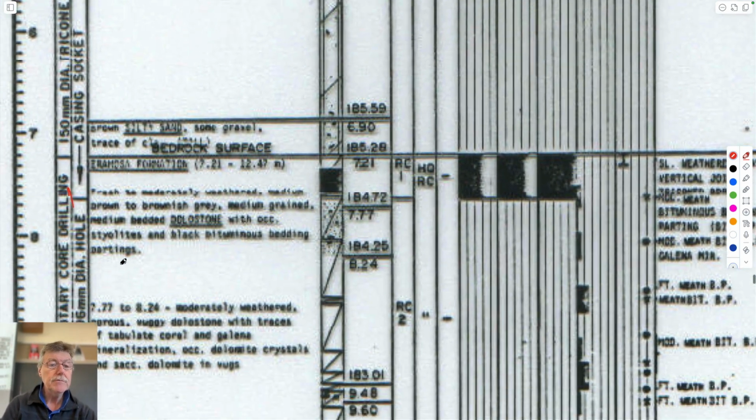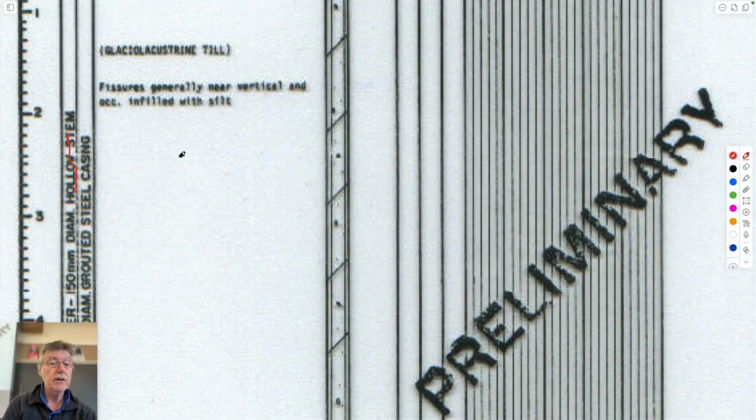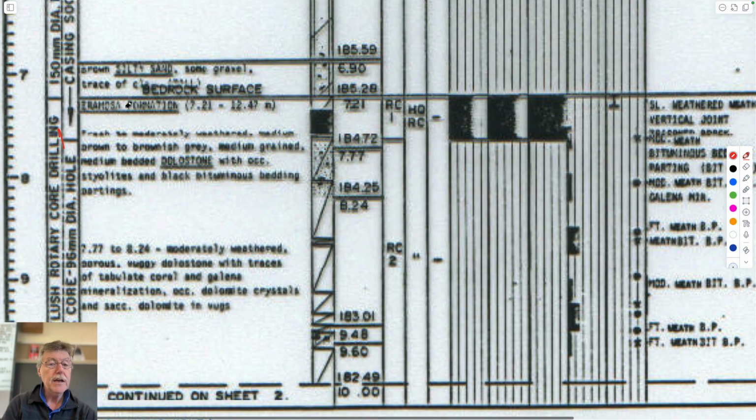Some description, no description in this part, because no samples are really recovered. This would be the hollow stem auger part. And if it wasn't sampled, there'd be no information. But once you get into the rock, and once you're coring, there'd be a full legend, if you like, for the core that is recovered.